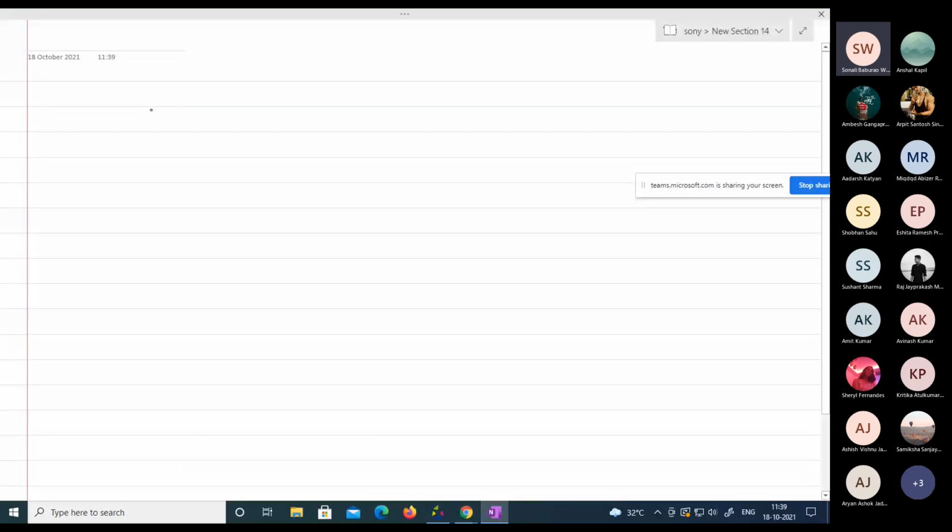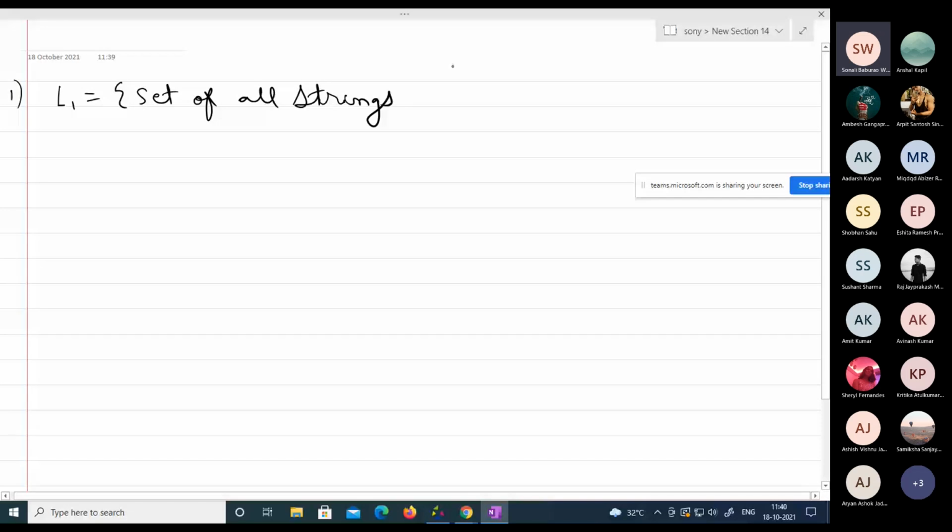Okay, you guys try to do this now. L1, your first question, goes this way. L1 is equal to the set of all strings that end with 1.